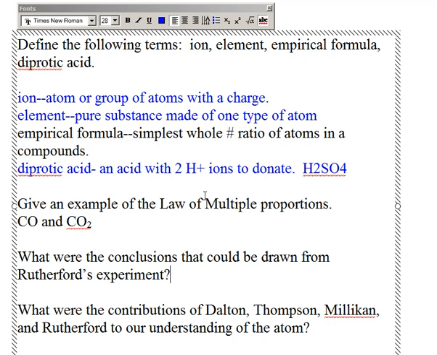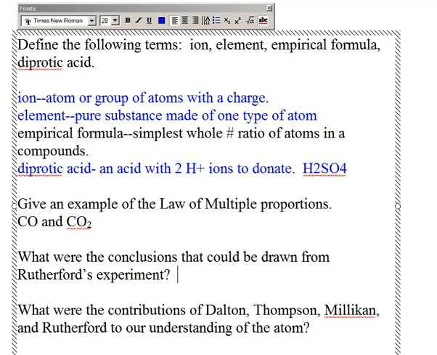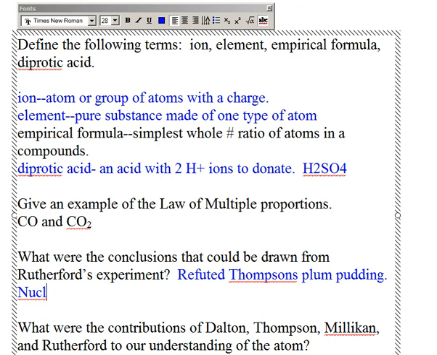The conclusions of Rutherford's experiment are that there is a nucleus. Remember, it refuted Thomson's plum pudding model. The nucleus is a small, dense area of positive charge, and electrons take up the rest of the atom, so the atom is mostly empty space.